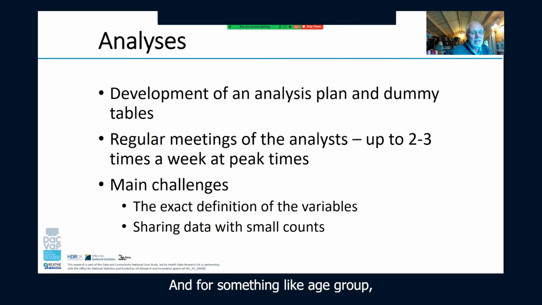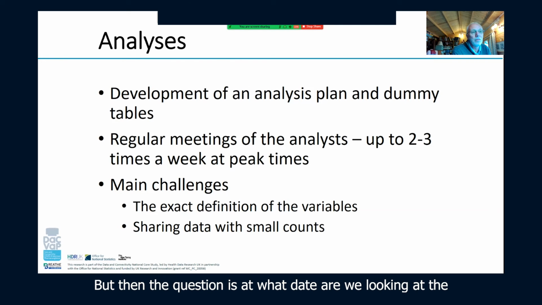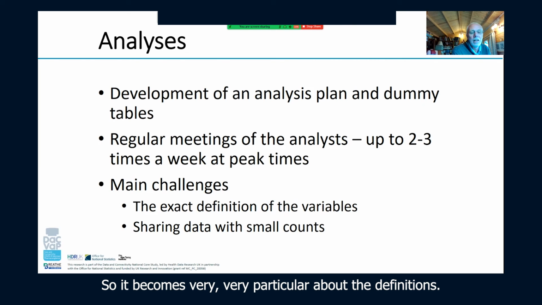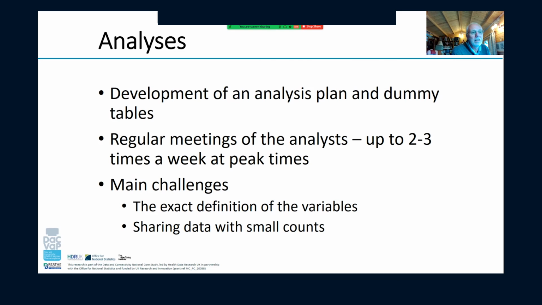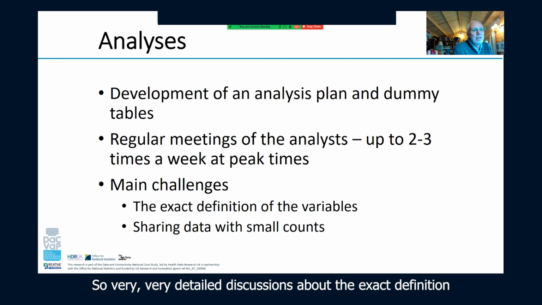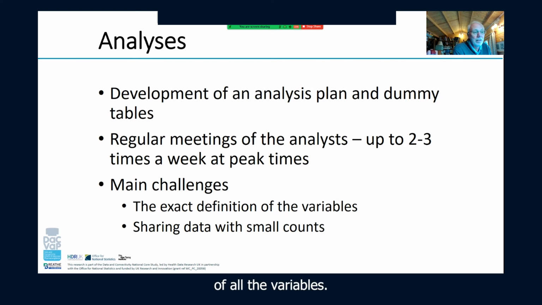For something like age group, it's easy to say, well, we're going 5 to 11 and 12 to 15. But then the question is, at what date are we looking at the age of the child? So it becomes very, very particular about the definitions. And when you're talking, you may say 5 to 11, but does that include 11 or does it not include 11?